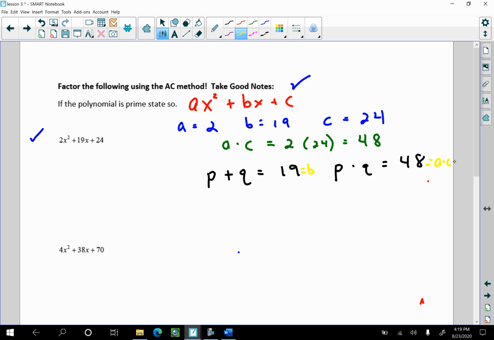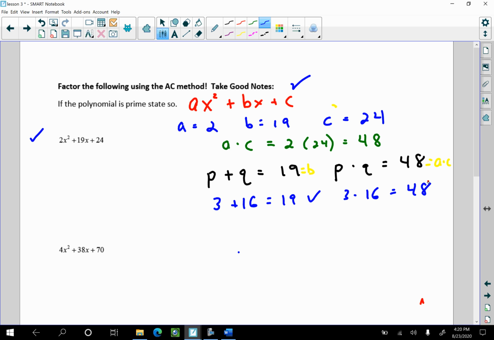Okay, what two numbers multiply together to 48 and add to 19? Oh, I know. How about 3 and 16? So true or false, 3 plus 16 does indeed equal 19. Nice. And 3 times 16 does indeed equal 48.